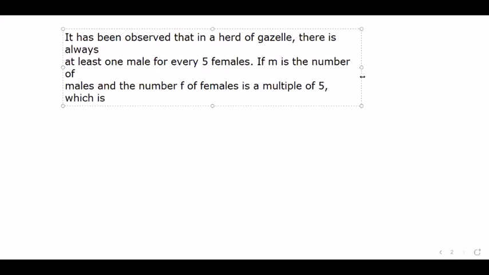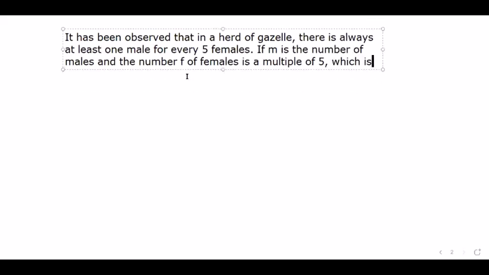So here it is, there's a story going on here. It has been observed that in a herd of gazelle, there is always at least one male for every 5 females. Right? If M is the number of males and F is the number of females, and the number F of females is a multiple of 5, the rest of the question says, which is true?